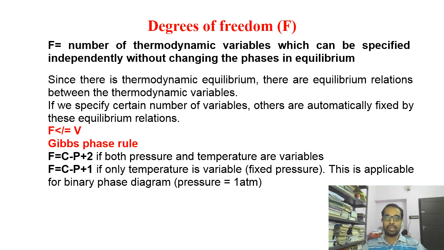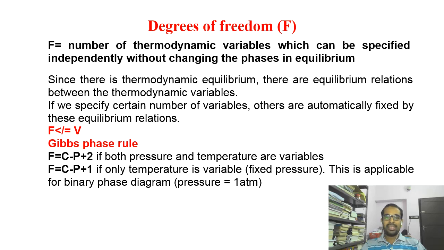This is the basis for the Gibbs phase rule, which gives the following equations: F is equal to C minus P plus 2 if both pressure and temperature are variables, and F is equal to C minus P plus 1 if only the temperature is variable where pressure is fixed. This is applicable for the binary phase diagram.